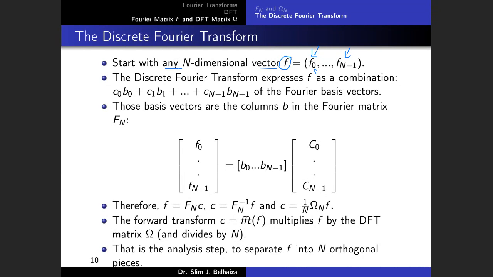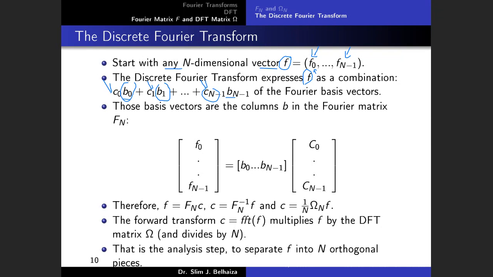The discrete Fourier transform expresses the vector f as a combination of what we call the Fourier basis vectors. The Fourier basis vectors are these, and it uses the coefficients it found, C0, C1 till Cn minus 1.